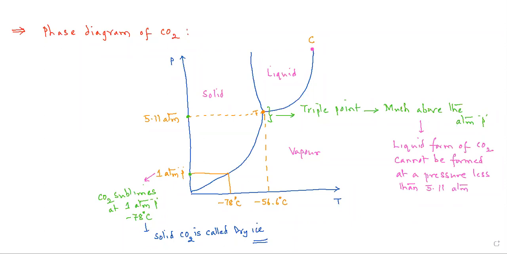So it is because there is no liquid form obtained during the heating of this carbon dioxide. It is generally called, the solid carbon dioxide is called dry ice. Okay.